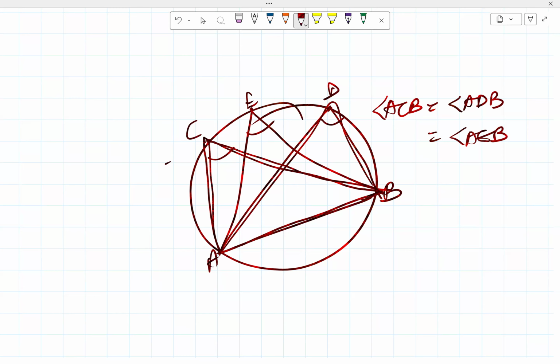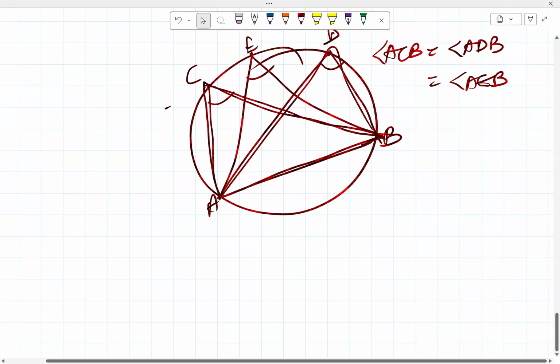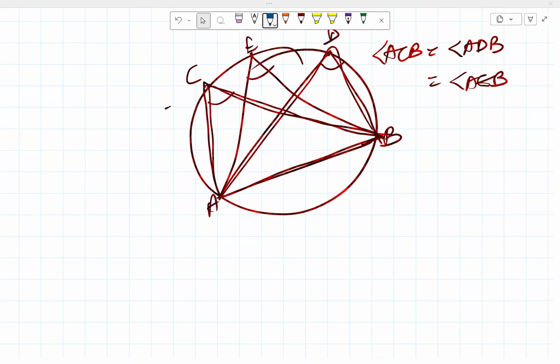So how do we prove that? If we want to go for the proof, we see that C and D are on the same segment. That's the statement of the proof.